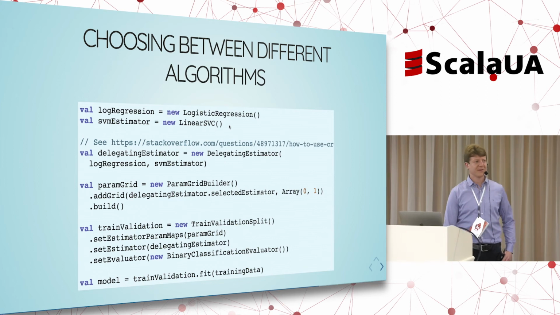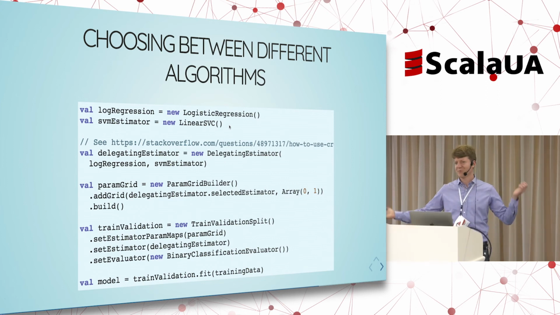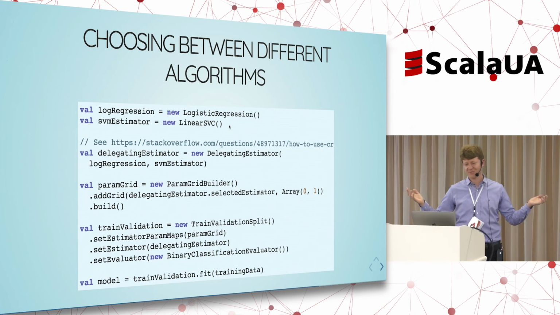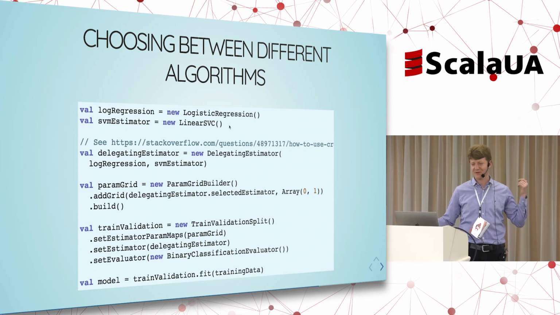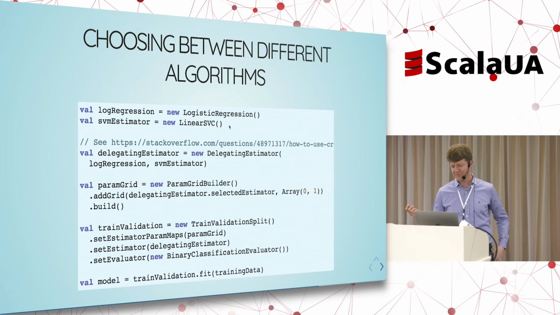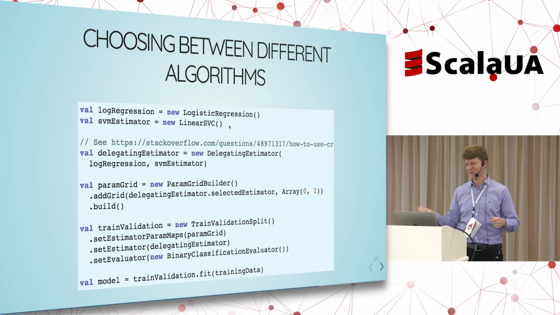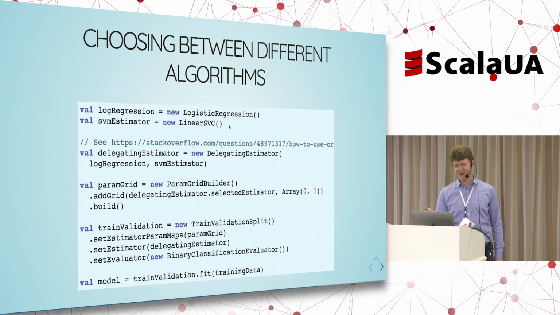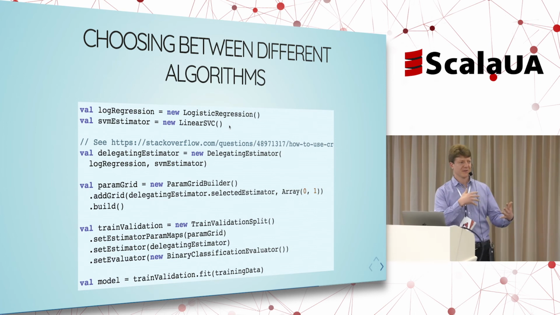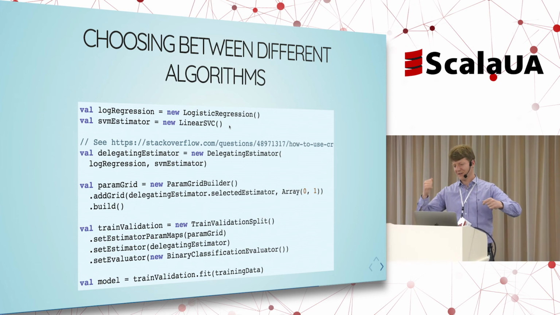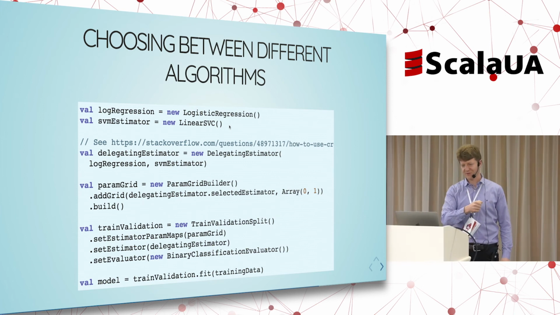Last but not least, sometimes you might also be interested in comparing two different algorithms altogether, for example logistic regression with a linear support vector classifier. In that case, you cannot use the TrainValidationSplit that Spark provides out of the box, because it only lets you define a set of parameters to try out.